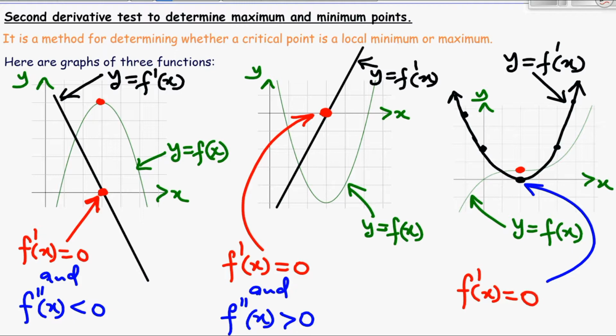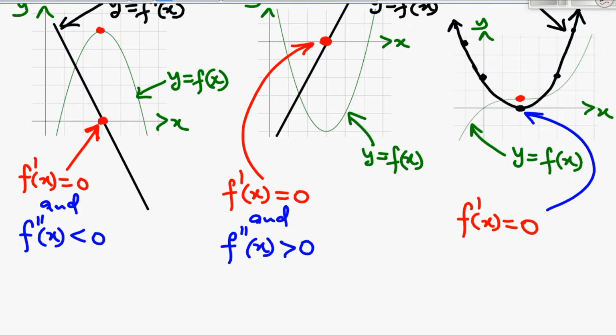The first derivative is equal to 0. But also we notice that the second derivative is equal to 0, because it's a parabola. That's actually a minimum point. So we can go ahead and say that the second derivative is also equal to 0.